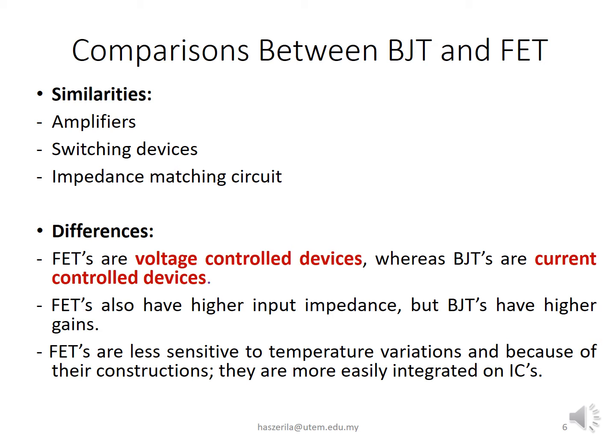FETs also have higher input impedance, but BJTs have higher gains. FETs are less sensitive to temperature variations, and because of their construction, they are most easily integrated on IC circuits.